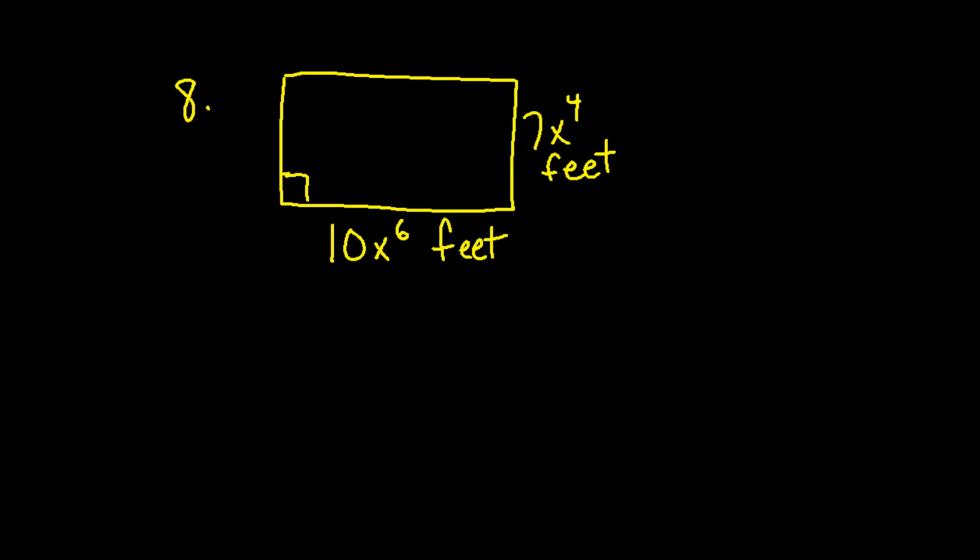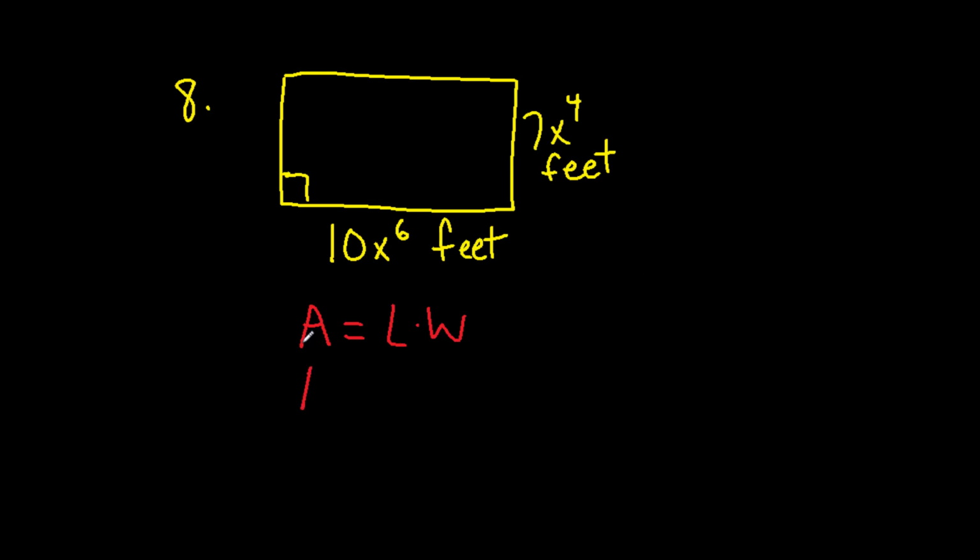For problem number 8, we can see that we've been given a rectangle, and they are asking us to find the area of the rectangle in polynomial form. So we have area equals length times width, which is the formula for the area of a rectangle.